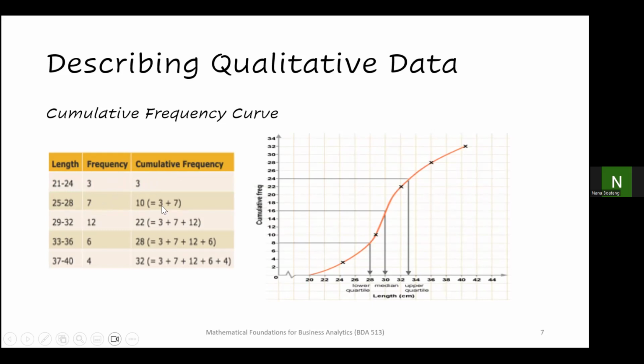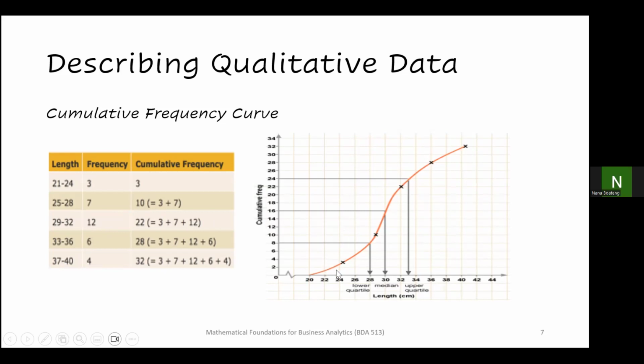That is the cumulative frequency. For the next group, 29 to 32, the frequency is 12. We have 10 already, so when you add it to 12, it gives you 22. We do that till we get to the last group, which should give you the total of all the frequencies.